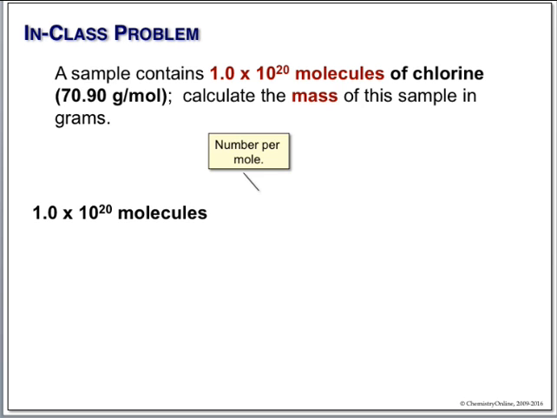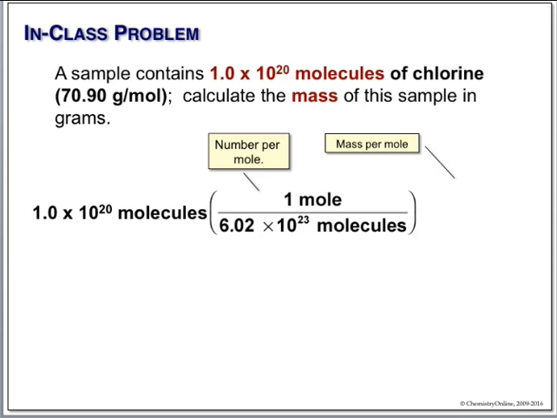And we have to make sure molecules is in the denominator. So 1 mole is 6.02 times 10 to the 23rd molecules. And finally, our third ratio is just going to be our molar mass. But again, since molecules are going to cancel, and you're left with moles here, moles has to be in the denominator.